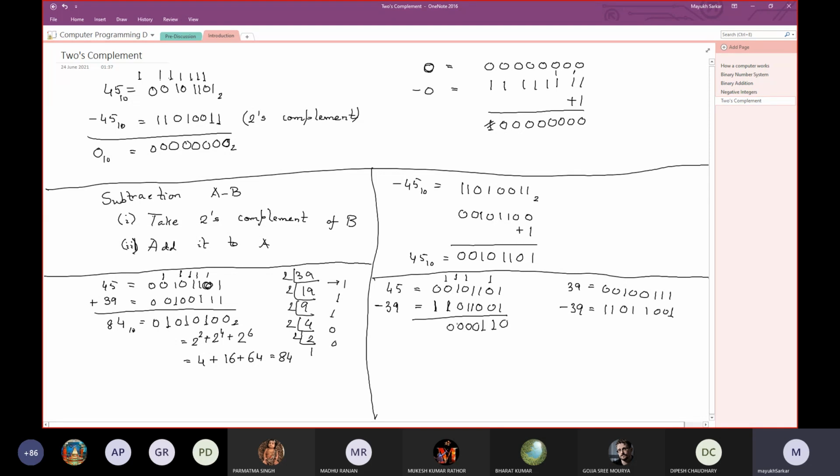Similarly, this will be 0 and 1 carry here, 1 and 1 is 0, and 1 here. Now we are adding two 8-bit numbers, so obviously this will be discarded because this is the 9th bit, and the result, as it turns out to be, this is 6, which in fact is the correct result of subtracting it.